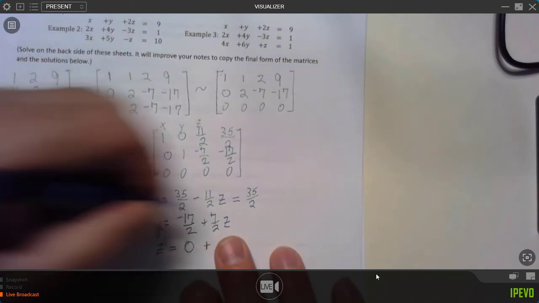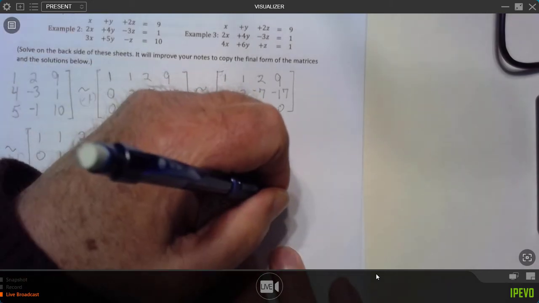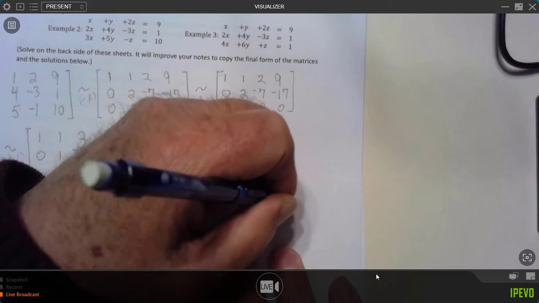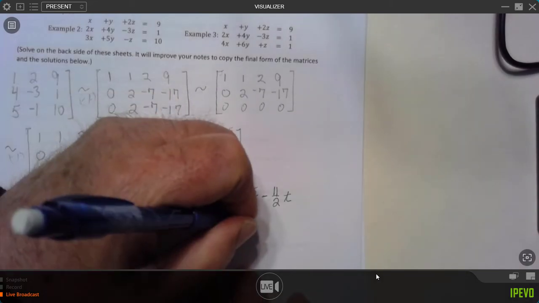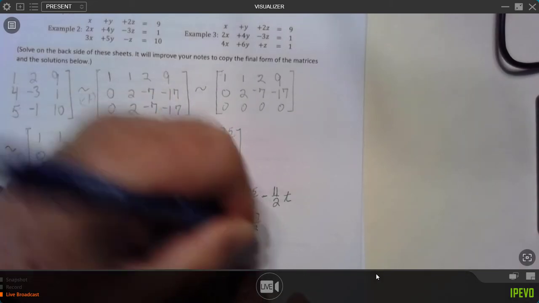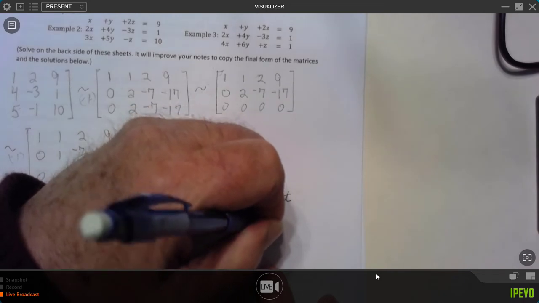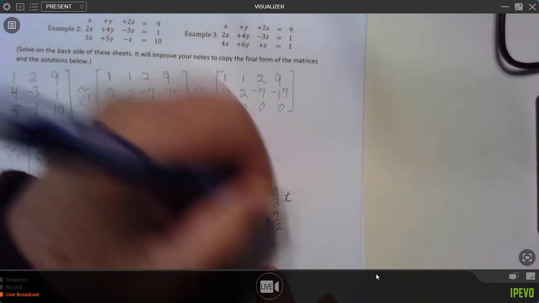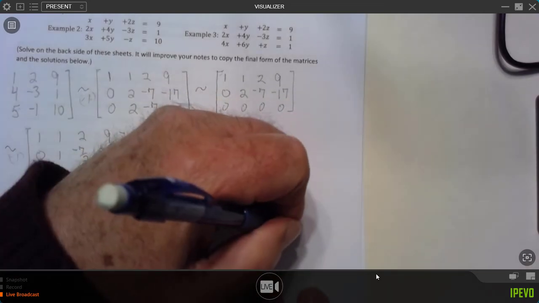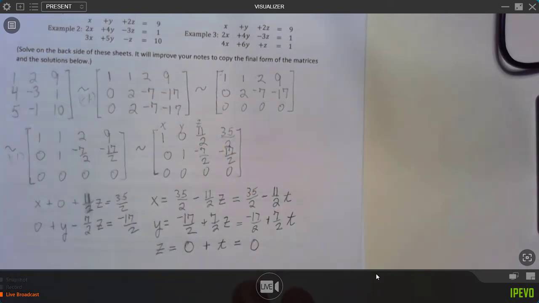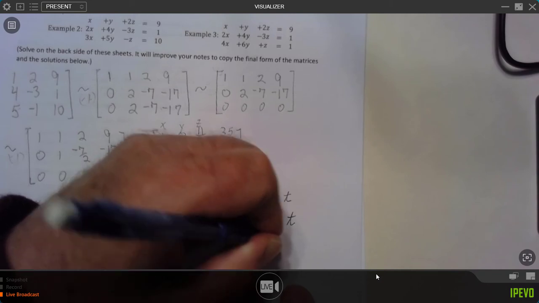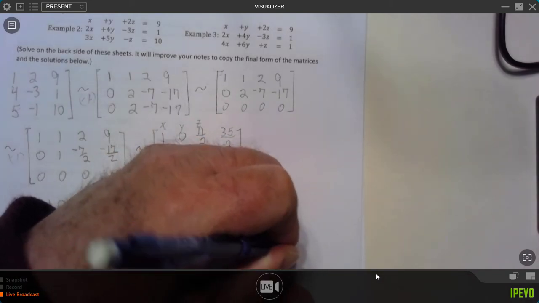35 halves minus 11 halves. That Z, we're making that T, right? Minus 17 halves plus 7 halves Z, but Z is the same as T. And this one, and you'll see in a moment why I want the 0 there: 0 plus 1T.